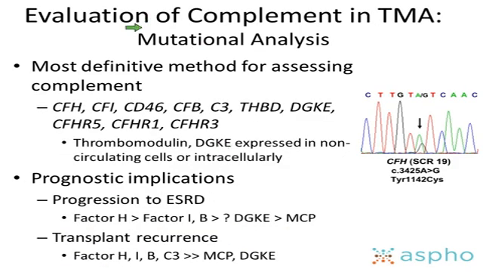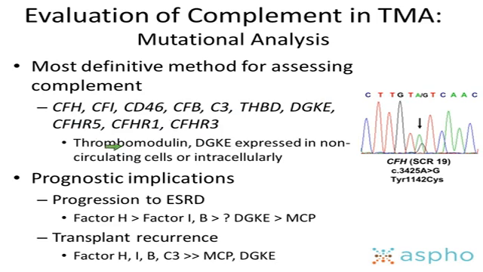So perhaps the most comprehensive way to investigate the complement system is by mutational analysis. This is with investigating, in our center, 10 genes: factor H, factor I, CD46, factor B, C3, and thrombomodulin, as well as DGKE and 3 of the factor H related proteins.